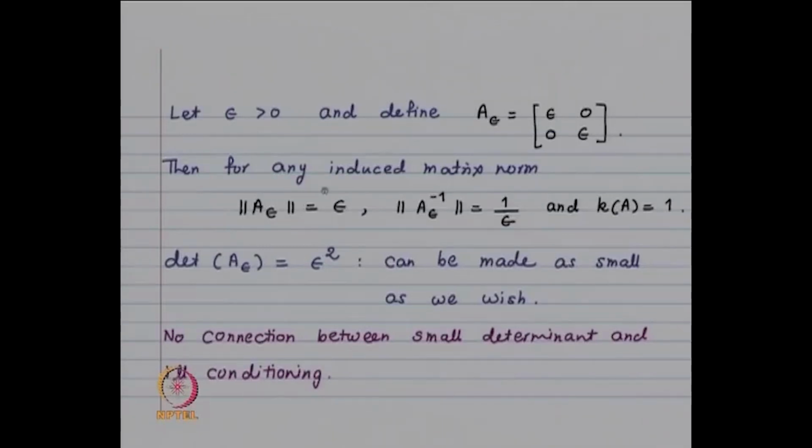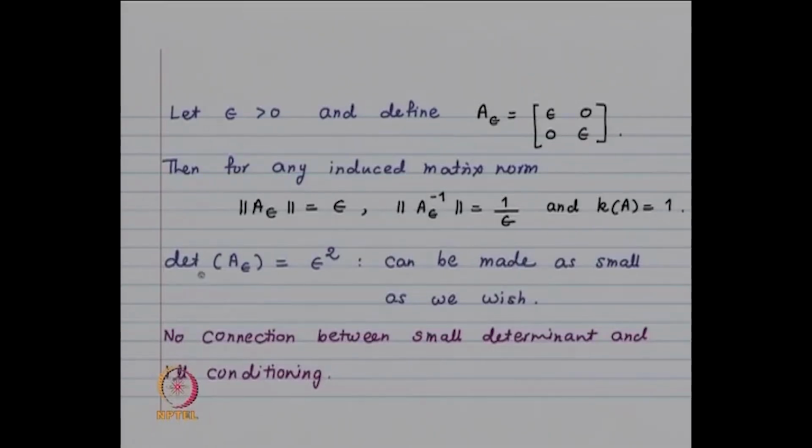Look at a diagonal matrix A epsilon with diagonal entries epsilon, where epsilon is greater than 0. If you look at any induced matrix norm, then norm A epsilon is equal to epsilon. Inverse of A epsilon is going to be a diagonal matrix with diagonal entries 1 by epsilon. So, norm A epsilon inverse will be 1 upon epsilon, and that gives you condition number of A equal to 1, the best condition number we can have.